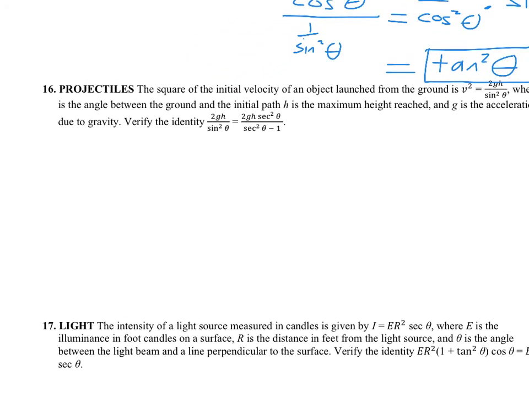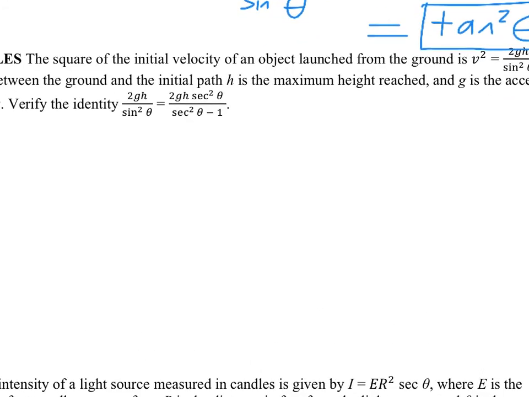For number 16, we want to verify this identity. So I'm going to play with the right side. Alright, so that secant squared, I could already tell that I don't want it to be there because I want the top to just become tangent.